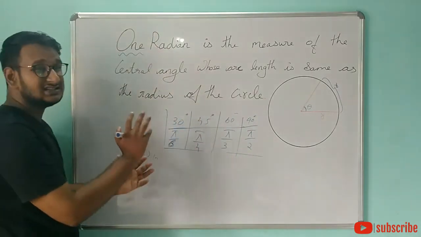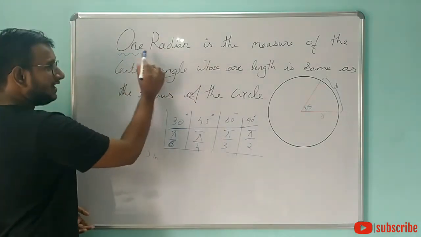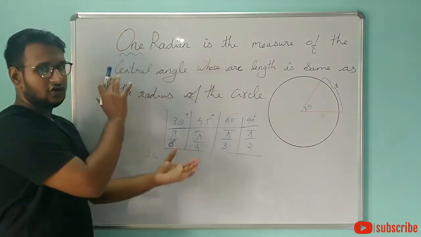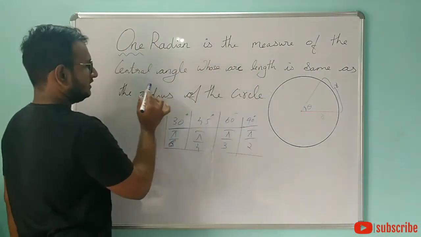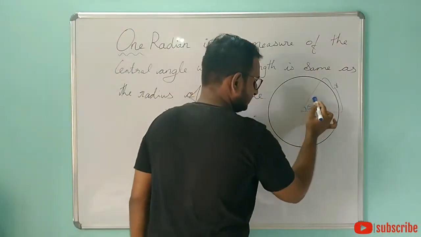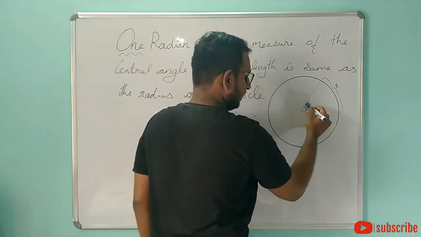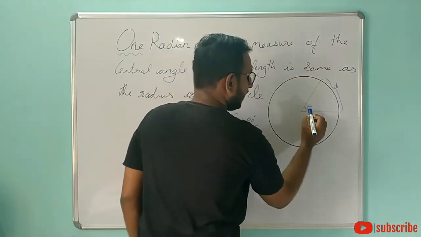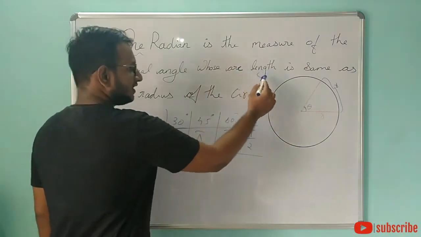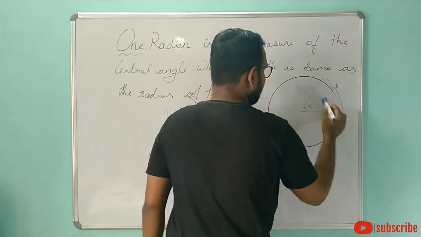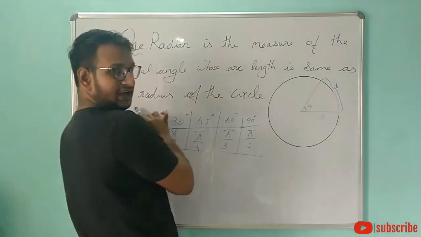So we will see what a radian is. This is the definition of a radian. One radian is the measure of the central angle in a circle. This is the central angle, which I am representing as theta, whose arc length is the same as the radius of the circle.